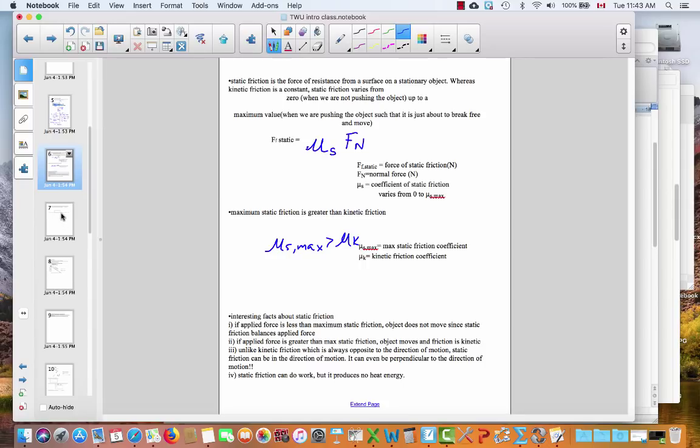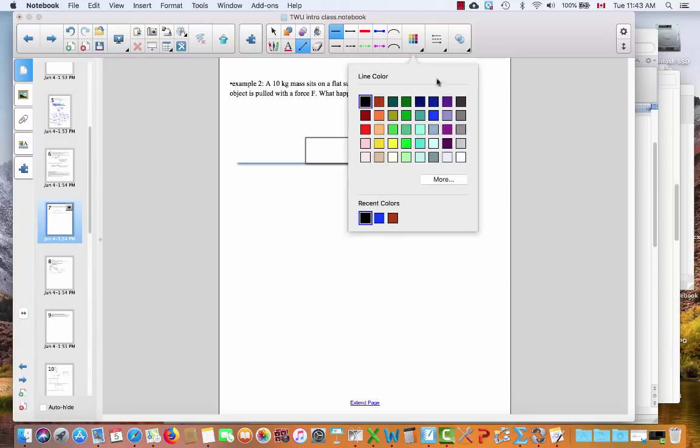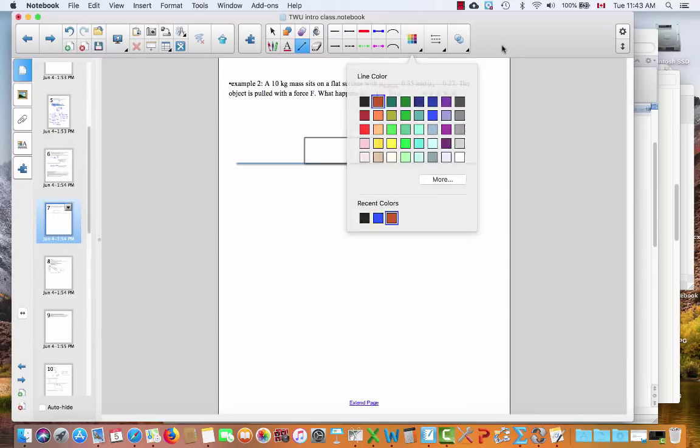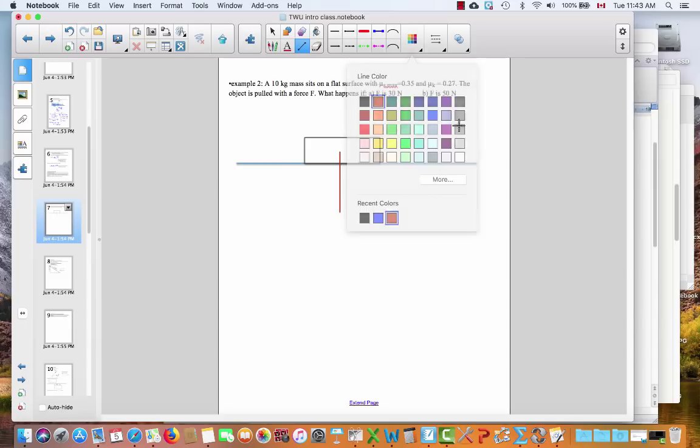So let's just do an example of this here. Really simple example. It's almost like a Physics 11 example. So we've got an object on a surface and we're pulling it. It's a flat surface. So the forces that act on the object are the Earth pulling down. The Earth pulls down. Then the surface pushes up.